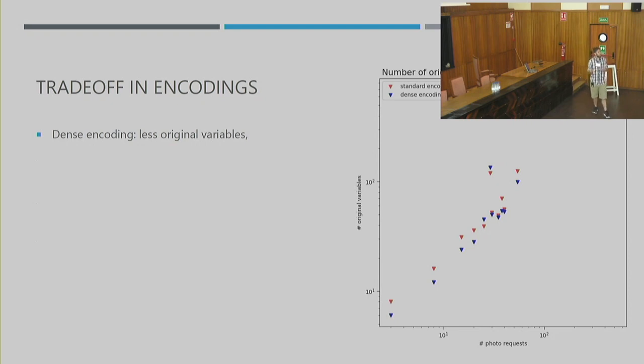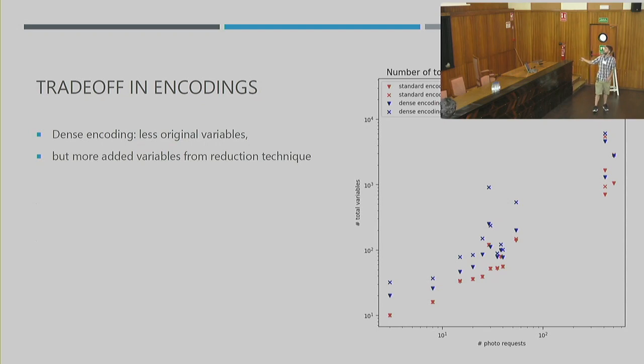But when you take into account all that reduction to quadratic, what you get is this thing here, where the blue, with the denser encoding, actually ends up using more variables than the original one, because quantum annealers nowadays can only do quadratic terms. So something that would be a gain, reducing the number of variables originally, because of our current hardware limitations ends up giving us more variables than before.